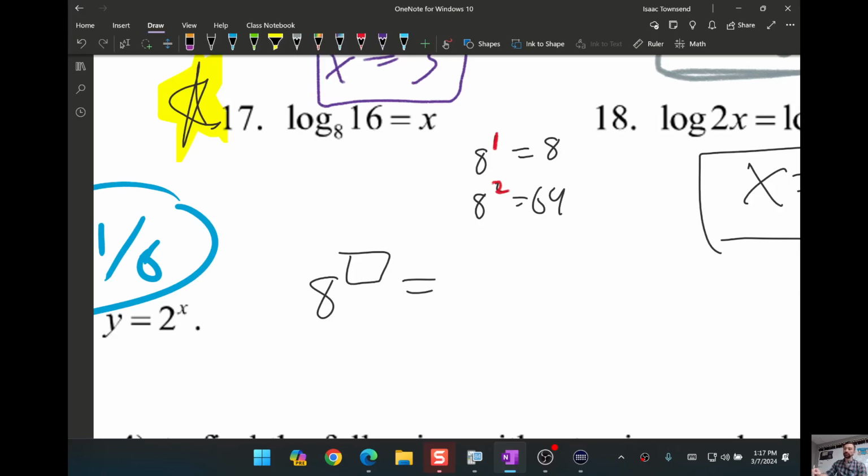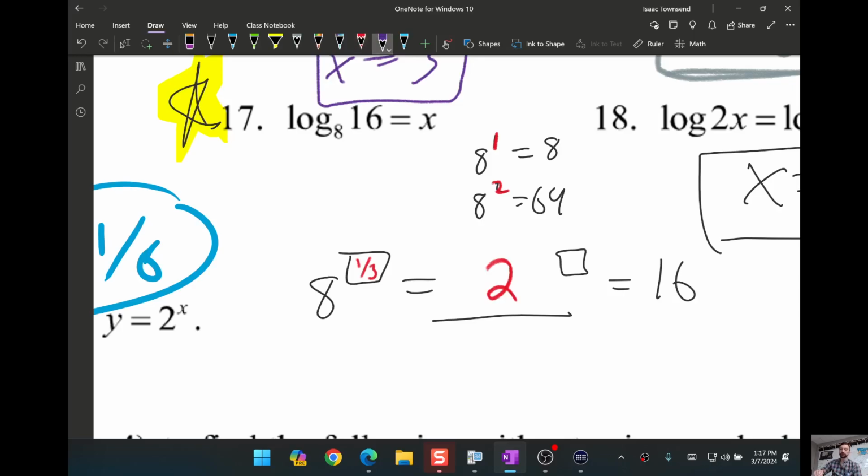Well, that's kind of hard to do. But if we do it in 2 steps, it's a lot easier. Because I can raise 8 to the 1/3. Raising to the 1/3 is the same as doing cube root. I didn't do 1/2 because the square root of 8 doesn't come out to a nice whole number. The cube root of 8 does come out to a nice whole number.